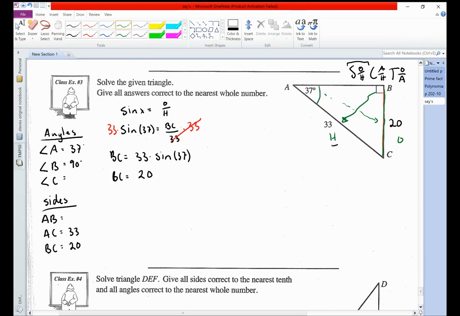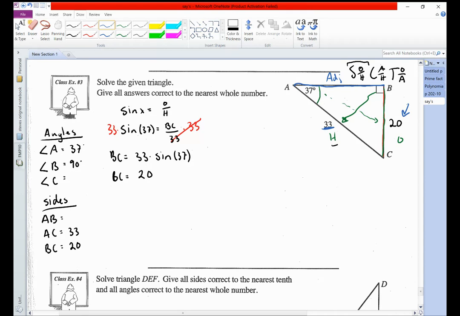Okay, the next one I want to look at is solving for AB. So I know if I use the same angle, angle 37, that this side is my adjacent. And I'm going to use my hypotenuse. So in this case, I could use this 20 because that is another side, and I could use the tan ratio.